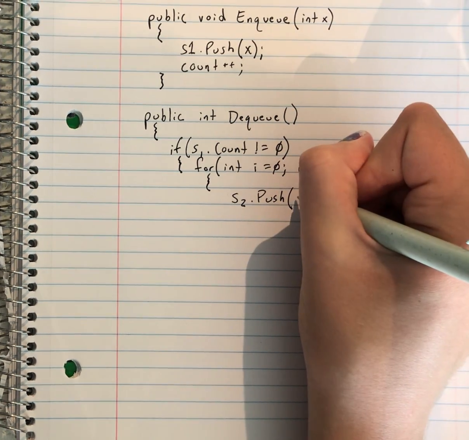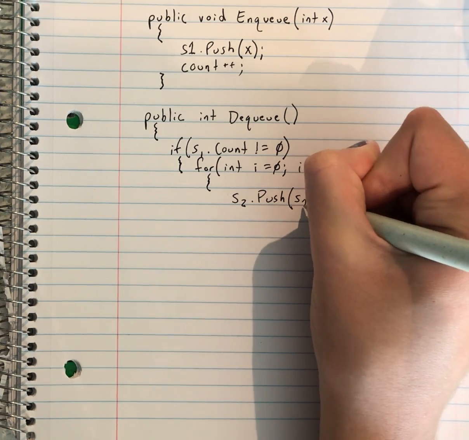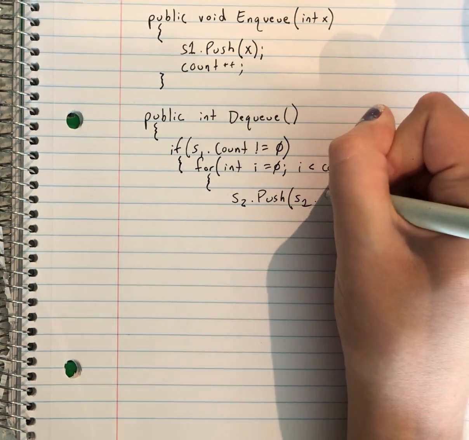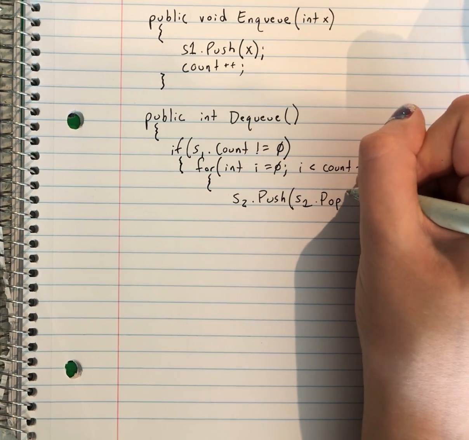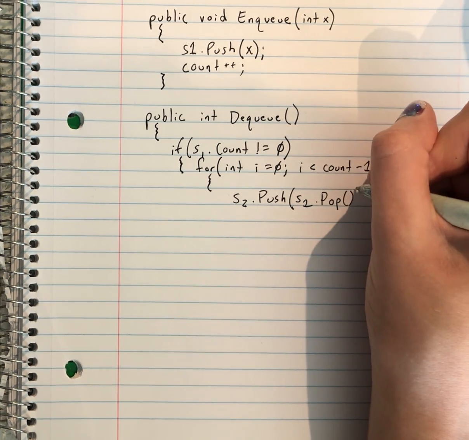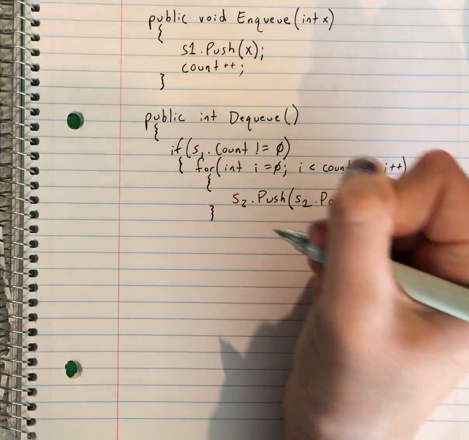So here we're taking the element that we pop from stack 1 and pushing it into stack 2. We're done with this for loop.